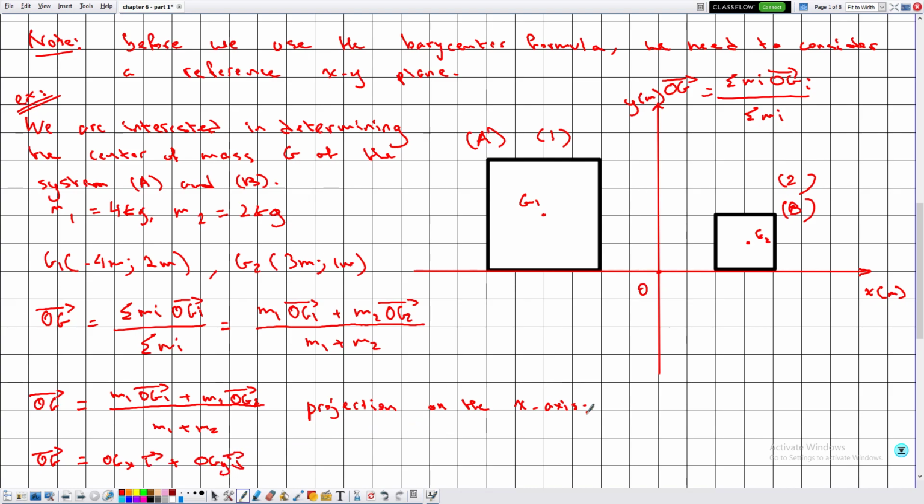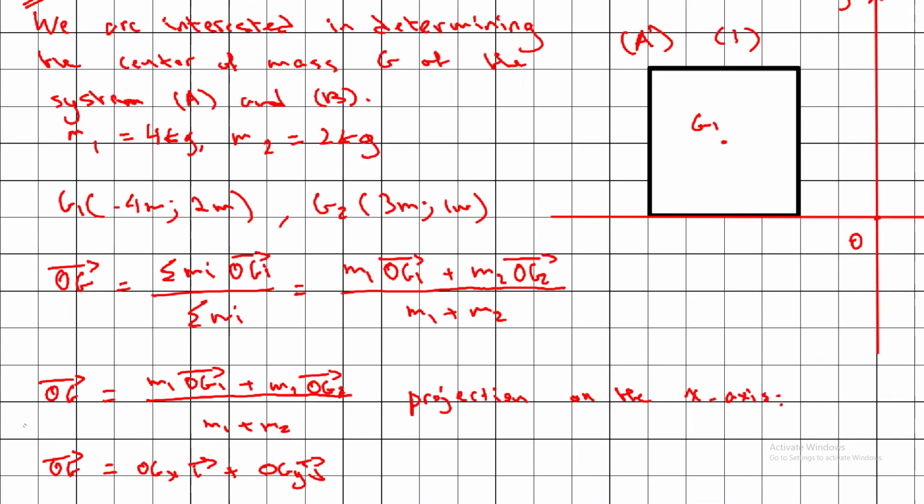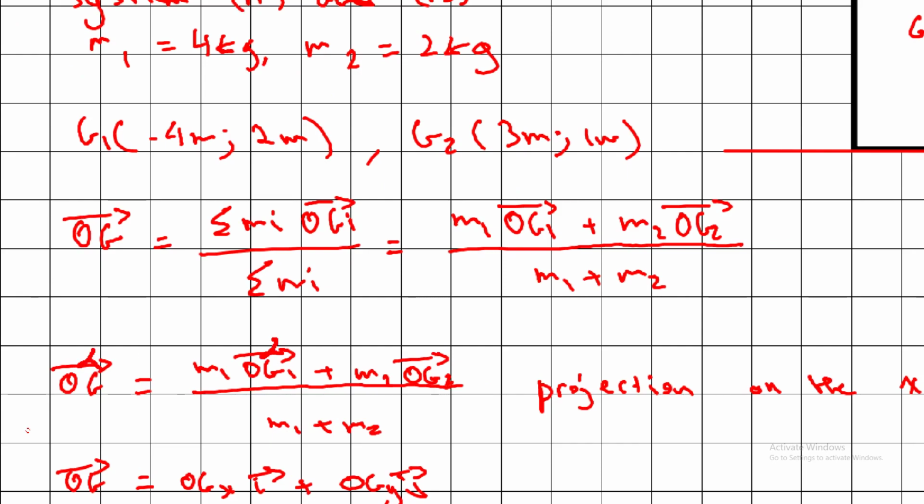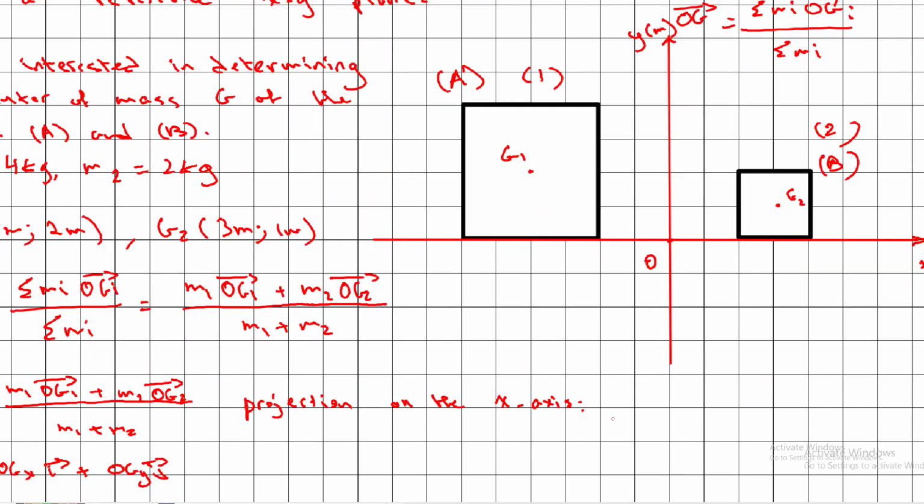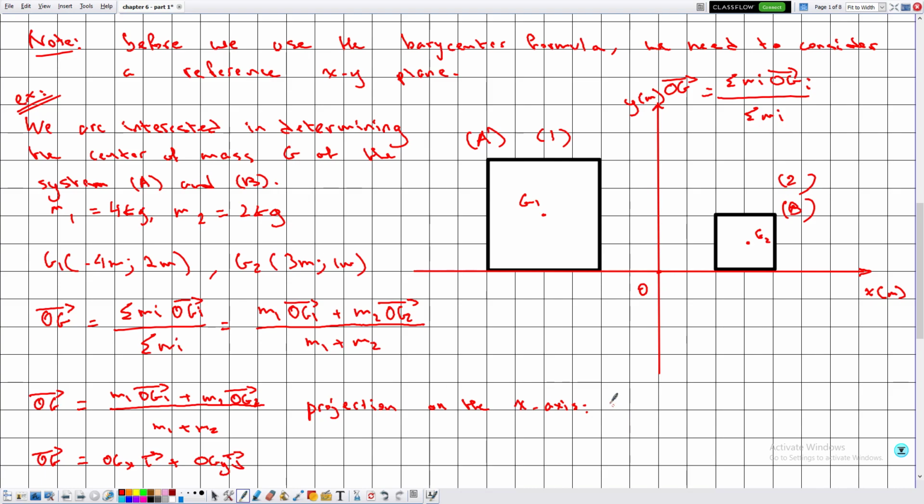Then as for the projection on the x-axis, we drop down the vectors and each vector quantity will carry the component x or y. Here since we are dealing with the x-axis, this equation is reduced to OGx is equal to m1 OG1x plus m2 OG2x divided by m1 plus m2.